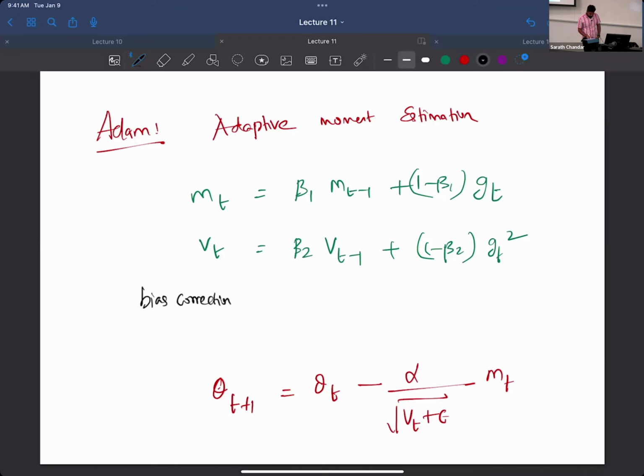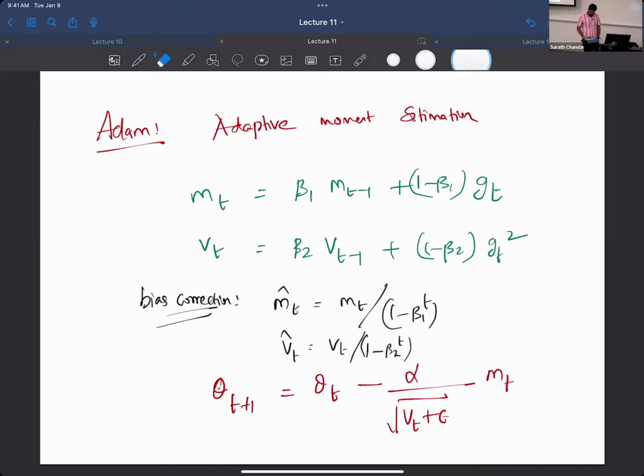So how is bias correction done? m_t hat is equal to m_t divided by 1 minus beta 1 to the power t. v_t hat is v_t divided by 1 minus beta 2 to the power t.